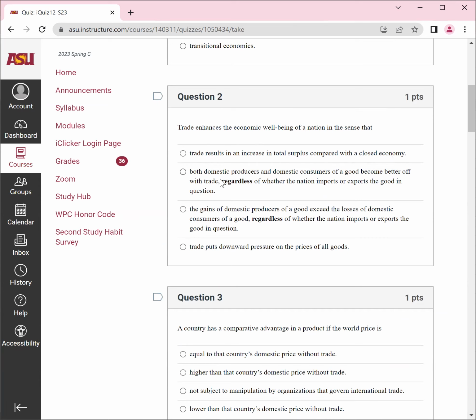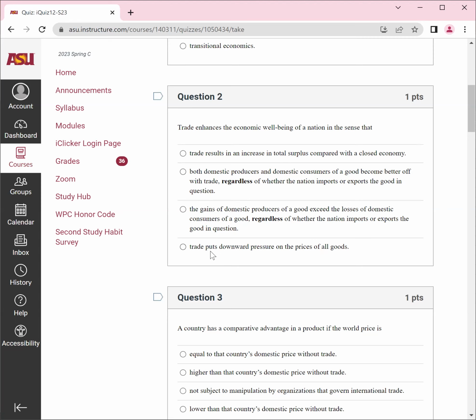Both domestic producers and domestic consumers of a good become better off with trade, regardless of whether the nation imports or exports the good in question. Not sure. The gains of domestic producers of a good exceed the losses of domestic consumers, regardless of whether the nation imports. So these are really similar. Trade puts downward pressure on the price of all goods.